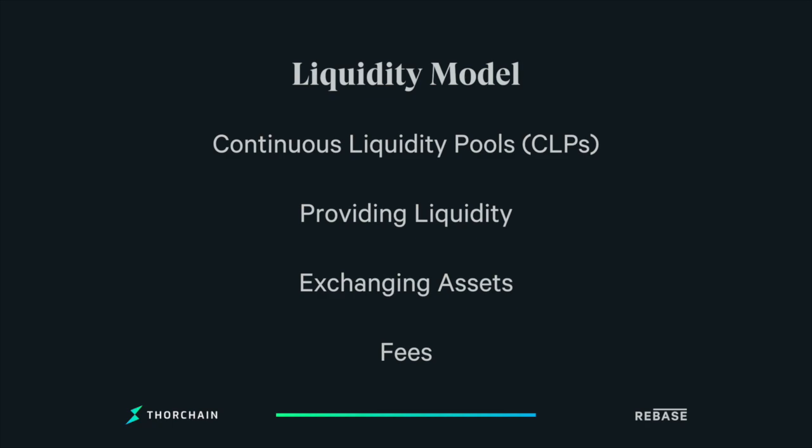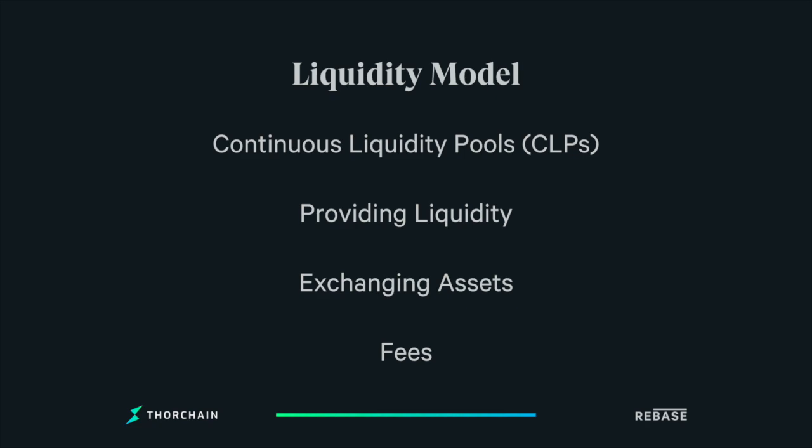So that's providing liquidity. In terms of exchanging assets, users, as opposed to liquidity providers, so people who want to swap assets, either traders or whoever, also need to make a special transaction into the network. That transaction says which asset they want, where they want to receive that asset, and what price they want to buy the asset at.